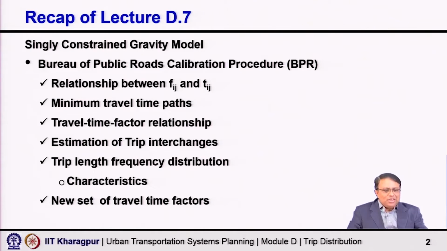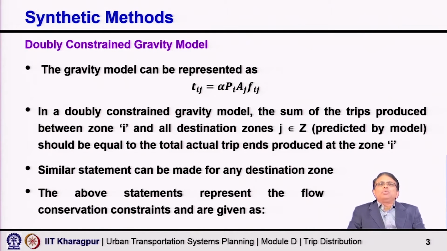Now, with that, today we shall discuss the doubly constrained model. As I said earlier, in a doubly constrained model both ends should match automatically, based on the model formulation. Like the way I am writing Tij equal to something, if I sum it over j, I should get Pi, and if I sum it over i, I should get Aj.